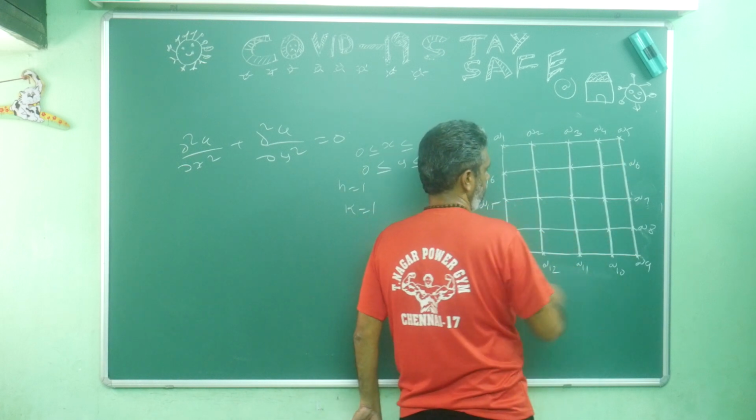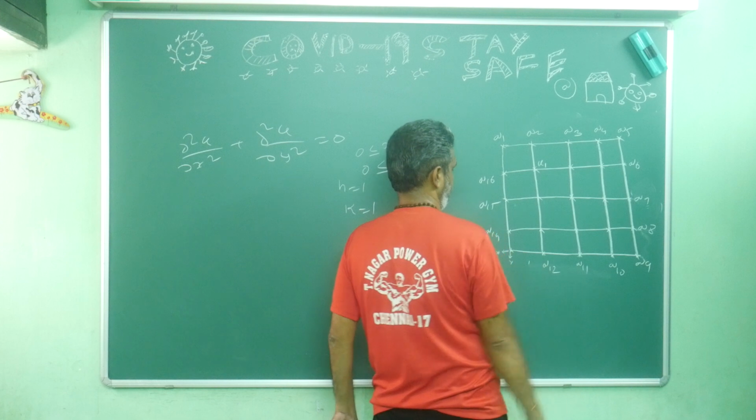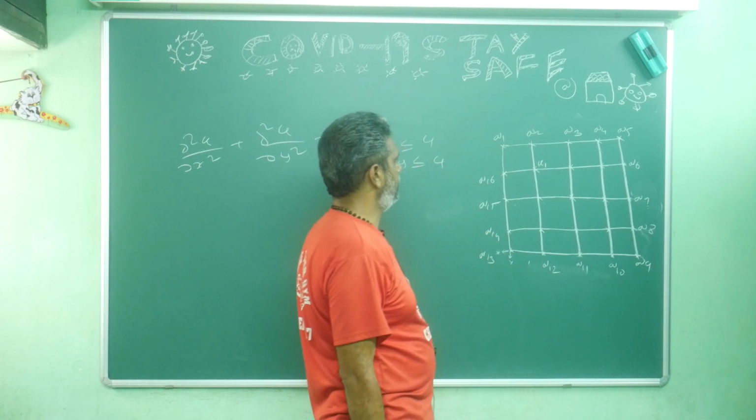These are all values you are able to find out. So this point I will call U1. Getting or not?